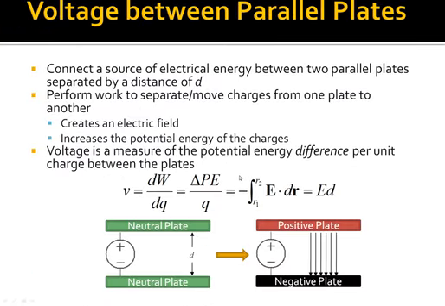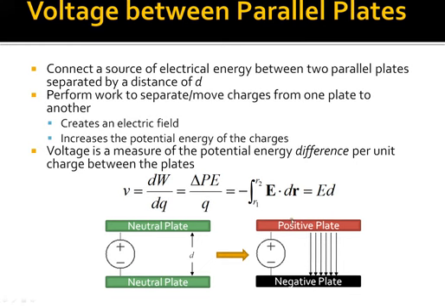So we can envision connecting a source of electrical energy between two parallel plates, and what this voltage supply, like we've used in lab, is going to do is separate or move charges from one plate to another. It's essentially going to pull electrons from a neutrally charged plate here, and do work on those electrons to bring them down to this neutral plate here.